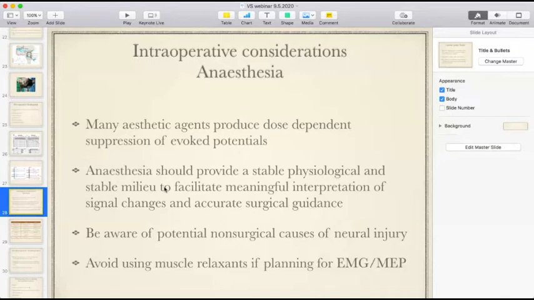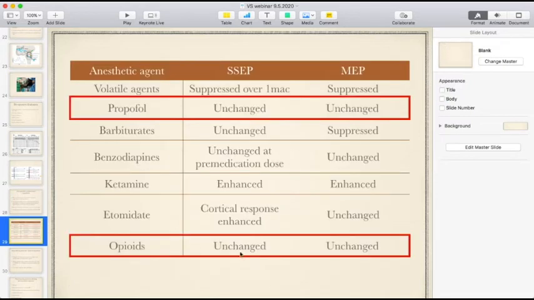We should be aware that there are potential non-surgical causes of neural injury that need to be considered during vestibular schwannoma surgery. Typically, we avoid using muscle relaxants if planning for EMG or motor evoked potential. This is the table that shows how the various anesthetic agents influence somatosensory evoked potentials and motor evoked potentials during surgery.